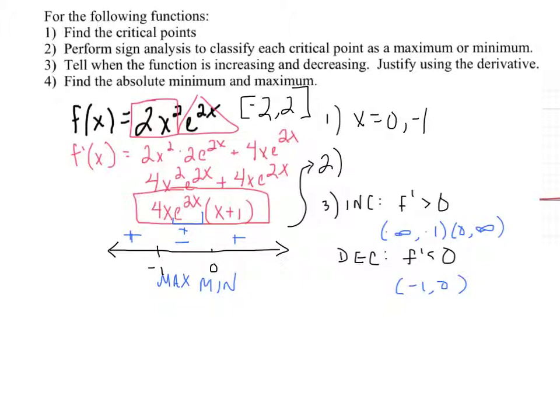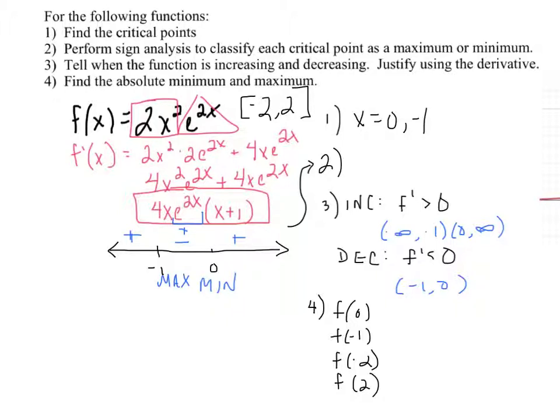So this is where we run into the candidate test, where we say, okay, to figure out the absolute maxes and mins, I'm going to check the critical points and the endpoints in the original function. Okay, and again, we're looking for the max and min of the original, so that's obviously what we want to plug these values into.